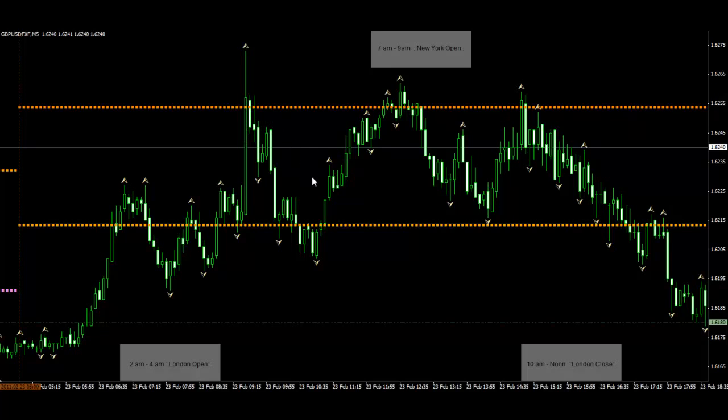Let's assume that you went in here and you shorted the optimal trade entry. And let's just assume that you got filled at the R2 level, again at 162.54. Say we take the spread into effect, and let's say we got filled at 162.50 on the short.